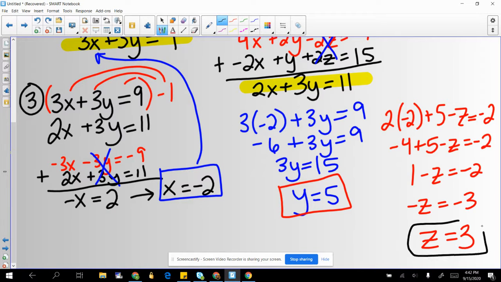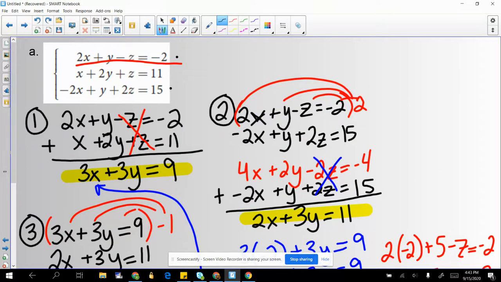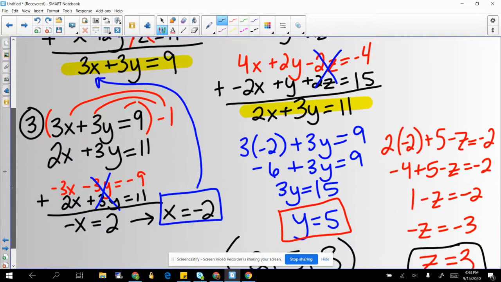Alrighty, so then I have my x, y, and z, and my final answer would be, as an ordered triple, -2, 5, 3. Voila. Okay, so that is elimination. Notice we literally did one step of elimination with the first and second equations, eliminating variable z.